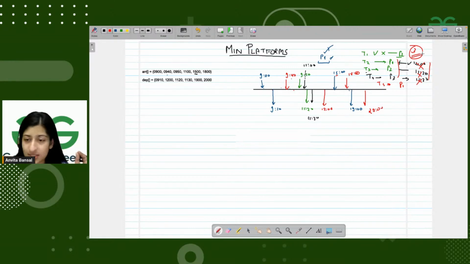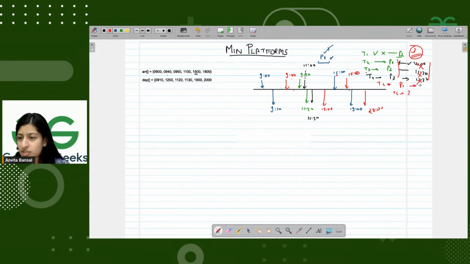Don't be confused by this max and min terminology that I'm using right now. The maximum platforms that were occupied at an instant, for some time, such that there was an overlapping of intervals, was 3. And after that, when another train T5 comes, it will take P1, one platform, and it will leave at 8 o'clock in the night, and then T6 comes at 7. I will check the departure I'm yet to be done with.